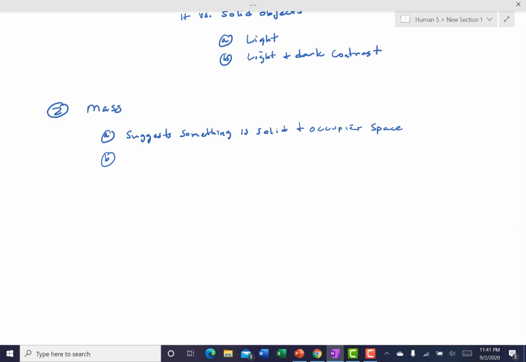Now, technically, mass, in terms of science and math, is not weight. Mass is essentially what we are made up of, right? If you look at, for example, yourself or a table or whatever, it's the molecules or atoms that you are made up of.